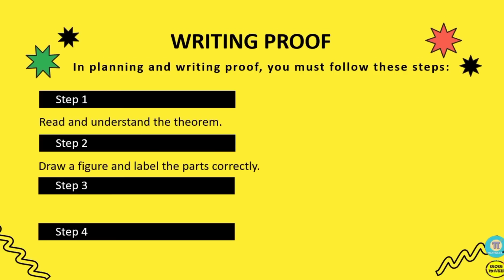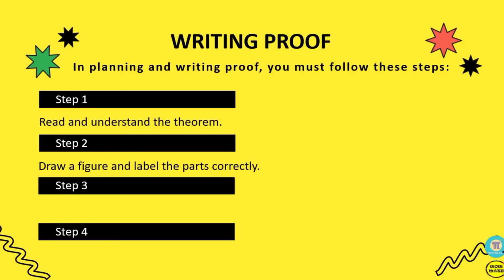Now, after reading and understanding the theorem, step 2, you have to draw a figure and label the parts correctly. So, dito sa step 2, we have to draw. Okay? Kailangan. Bakit? Kasi mas madali nating maintindihan ang pag-prove kung meron tayong nakikita. Okay?